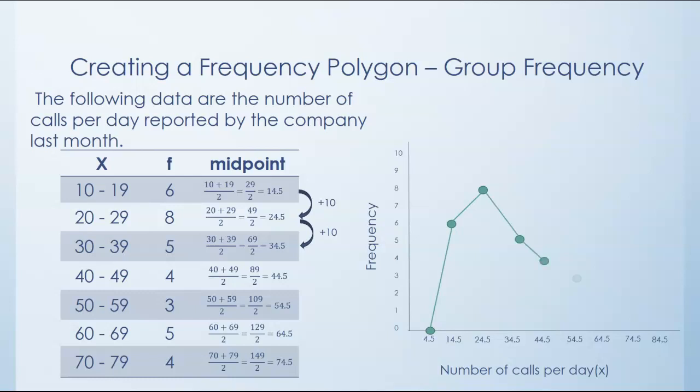For 54.5, it was 3. For 64.5, it was 5. For 74.5, it was 4. And for 84.5, that's my grounding again, so I'm going to go back down to the x-axis, put a dot there, and draw my line. And there is my frequency polygon for a grouped frequency.